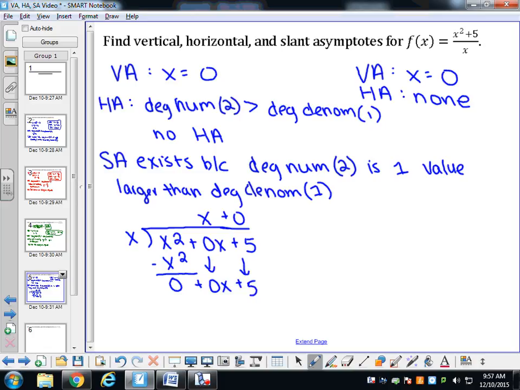So my answer, after doing the division, is x plus 5 over x. Okay. Now, in order to find my slant asymptote, it's the part before the remainder. So this value right here. So that means that my slant asymptote is y equals x.